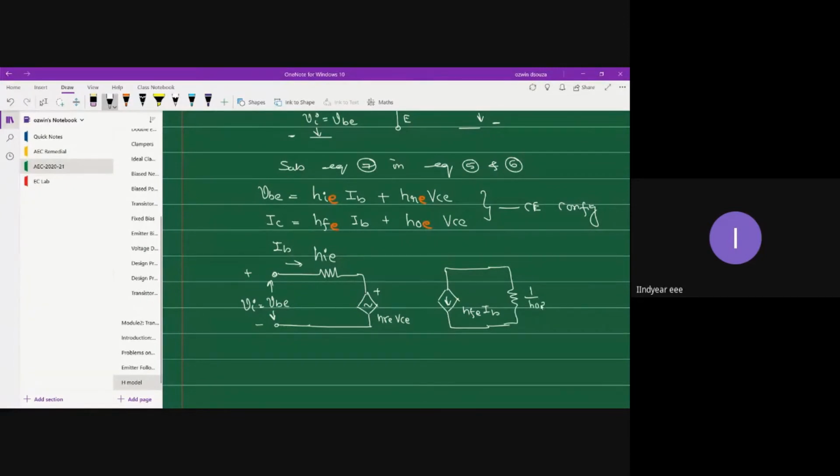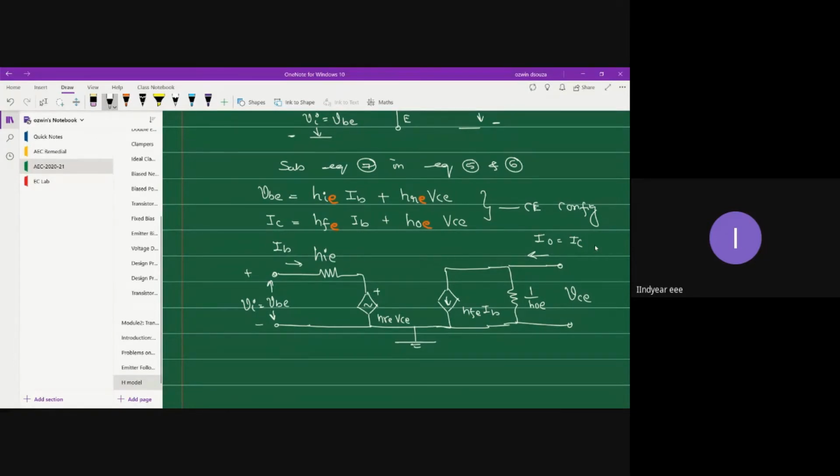You can write 1 over HOE, and this is your output voltage, VCE. You can join the two, and this will be at ground. You can mark the current. This is your I0, which is basically IC.